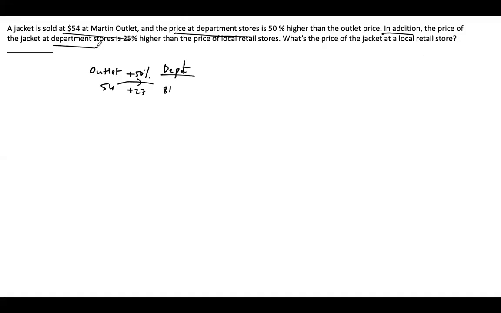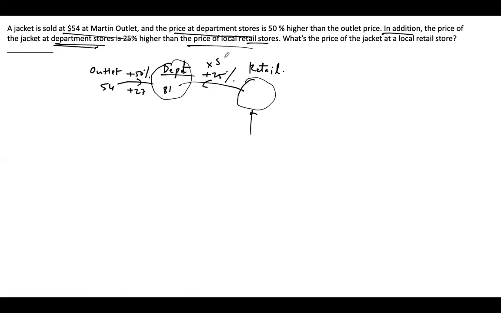price of local retail stores. The price of the jacket at department stores is 125% of retail. 25% greater than some retail store, right? Yes, and you need to find this. So 25% would mean 25% increase, one fourth. You need to multiply 5 by 4.